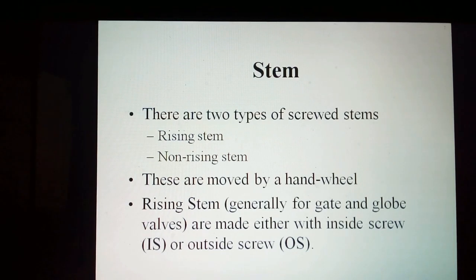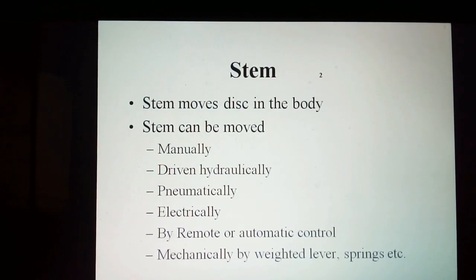Rotary ball, plug, and butterfly valves have a rotary stem which is moved by a permanent lever or tool applied to a square box at the end of the stem. The stem can be moved manually or driven hydraulically, pneumatically or electrically, under remote or automatic control, or mechanically by weighted lever, springs, etc.